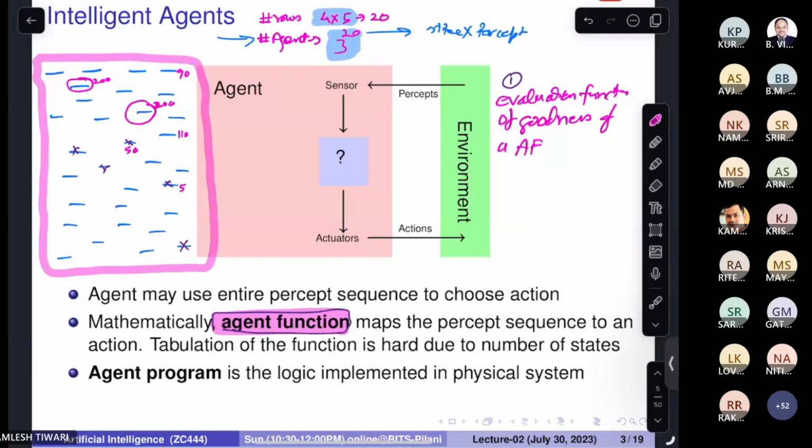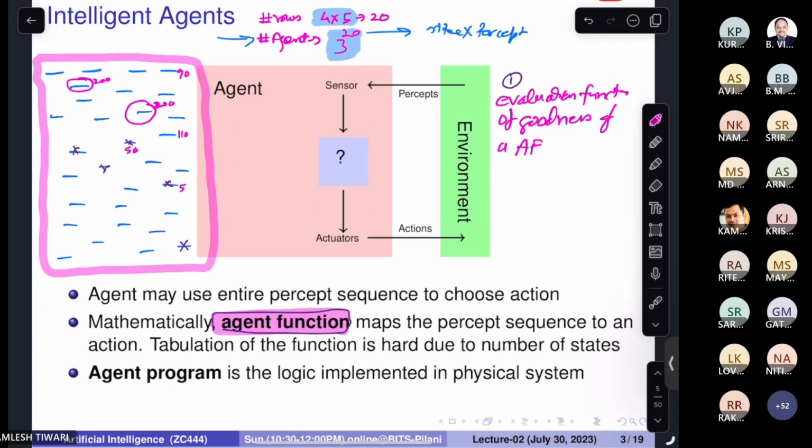So I have partially answered the question of how to find the good or best agent function. What is the answer? The answer is: devise a method by which you can evaluate the goodness, and then you can find out which is the maximum one, and go ahead with that.